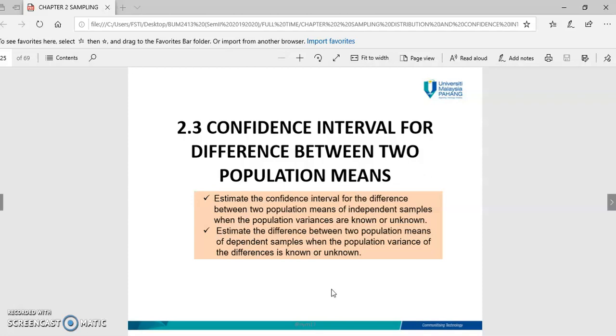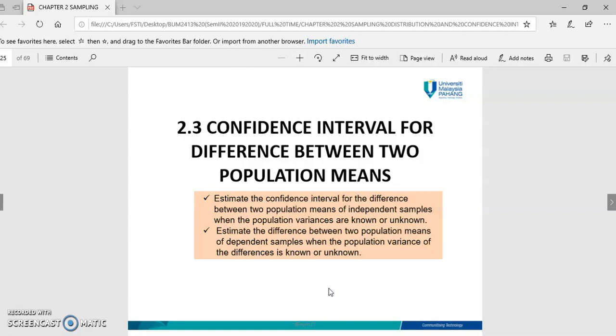You have to nail the theory so that the rest of the subtopics for the confidence interval will be easy to understand. 2.2 we discussed the confidence interval for the single population mean. So you have a single population.